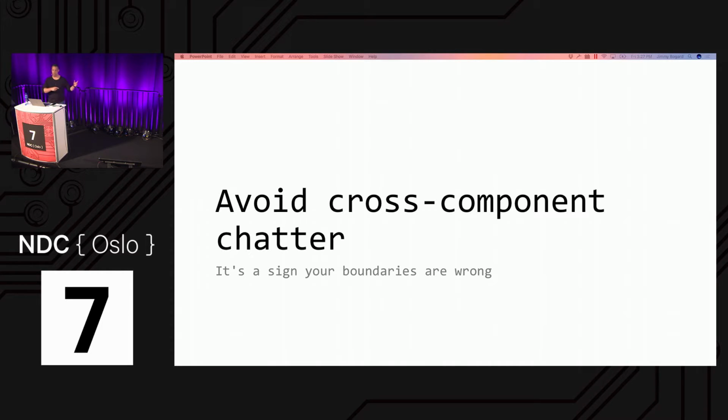So if you have a lot of communication on the front end of things talking to each other, that's a really good sign that your boundaries are wrong, and you should take another step back and say, maybe my boundaries should be a little bit bigger and not be so noun-oriented and more capability-oriented. If you have services that are things like order service and product service and user service, those are the nouns of your system.